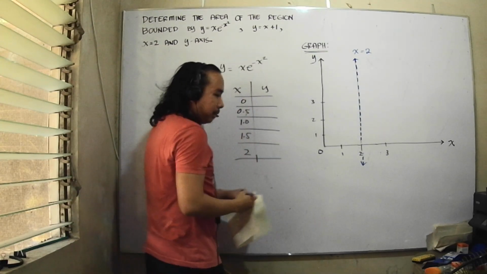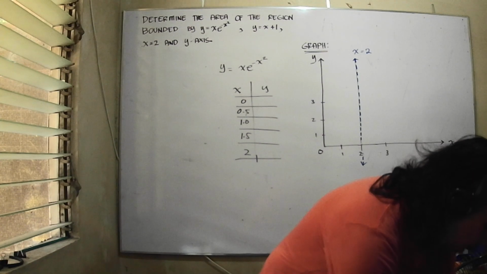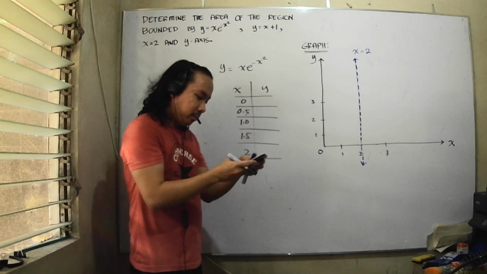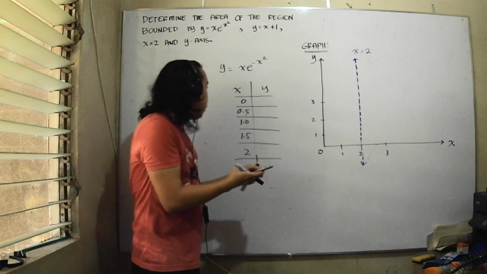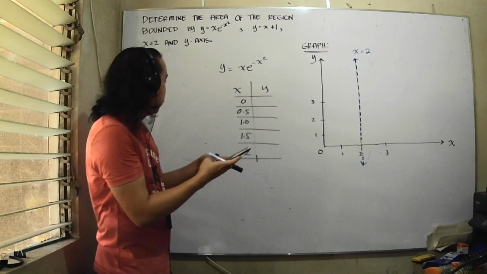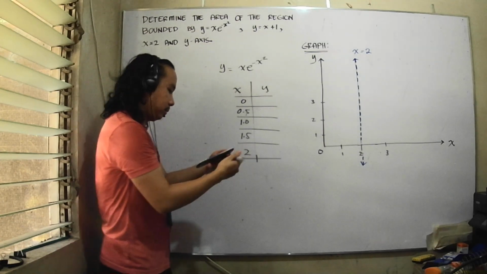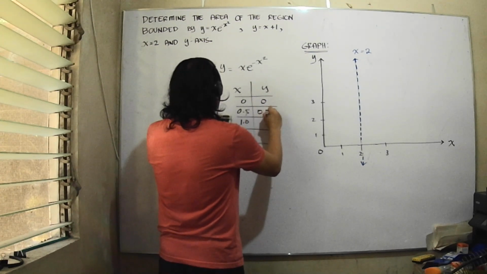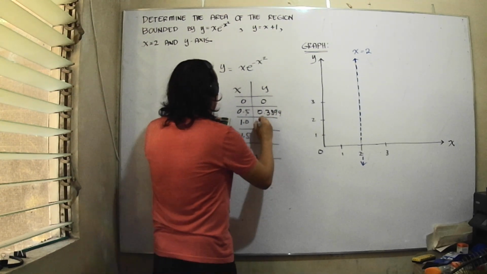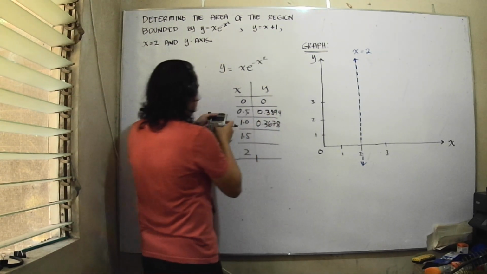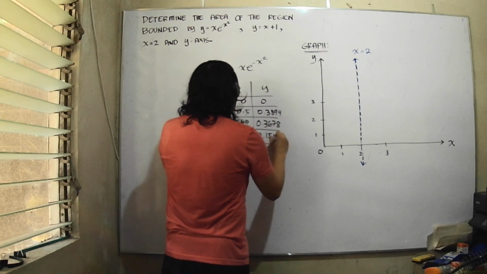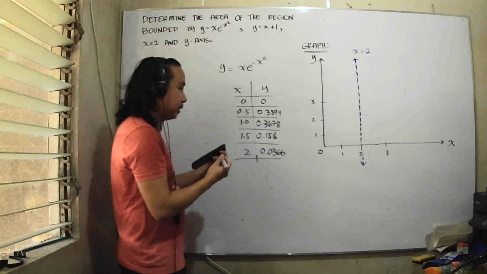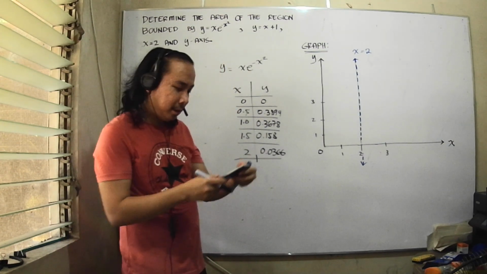If I were to do that, I would have these values: 0, 0.3894, 0.3678, 0.158, and then 0.0366. Okay?